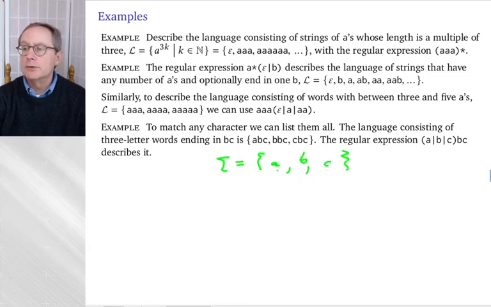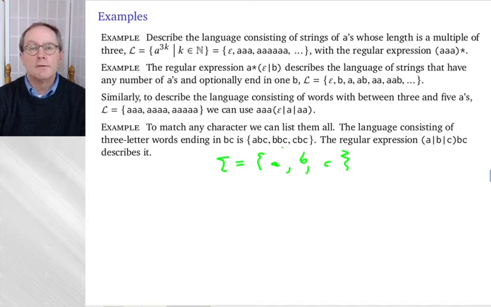It's common to use lowercase letters like ABC for these examples because if you have zeros and ones or digits, you can sometimes confuse them with how many times you iterated. So with the letters, it has the advantage that you don't get that confusion. But so here, the language consisting of 3-letter words ending in BC is ABC, BBC, and CBC.